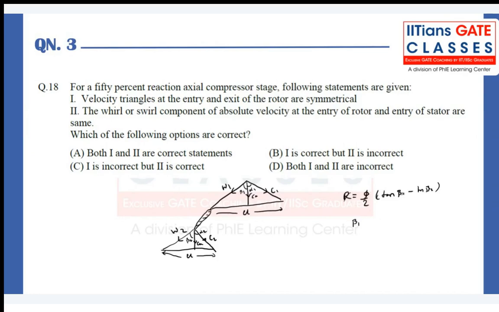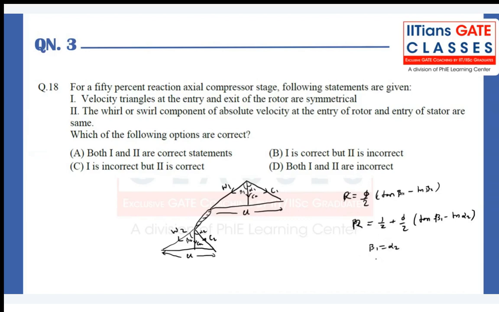So let us use the other form, that is 1 by 2 plus phi by 2 times (tan beta 1 minus tan alpha 2) form. That's the other form of degree of reaction. So from here we can easily show that beta 1 is equal to alpha 2.